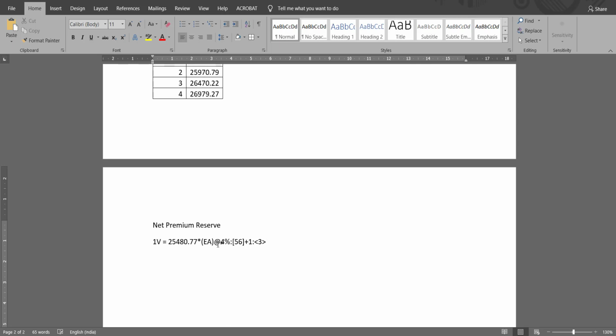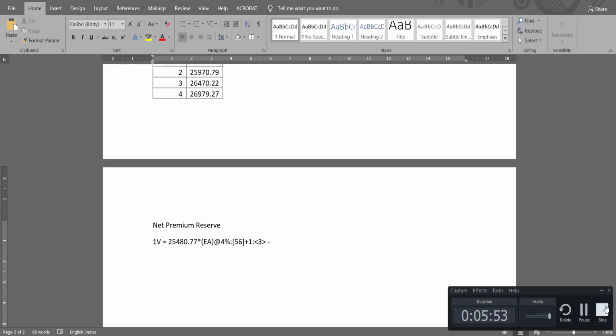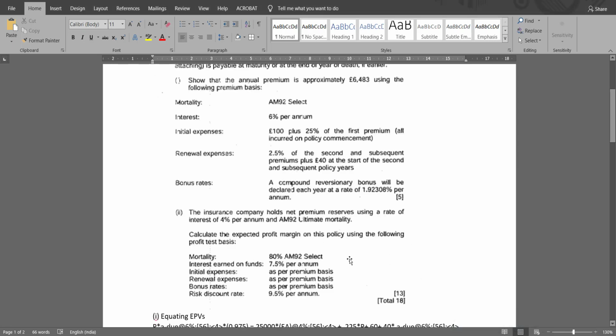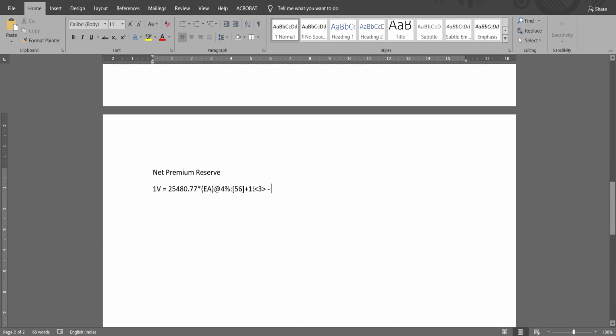In terms of the present value of the future sum assured, minus you have to take what? One thing to observe is that in the question they have written that they're using ultimate mortality and not select mortality, so that makes life easy. So we can directly write 57.3, right? Minus your premium value, right?